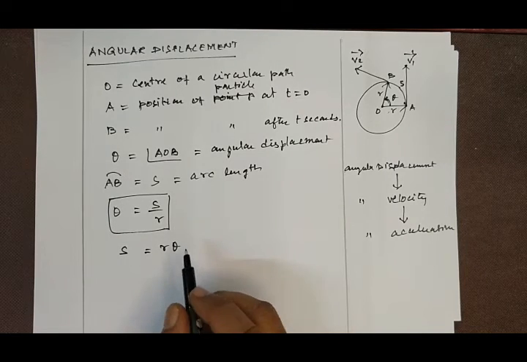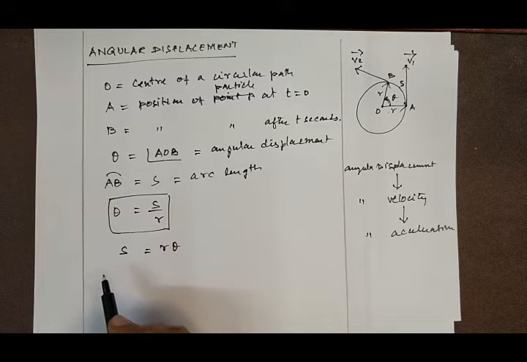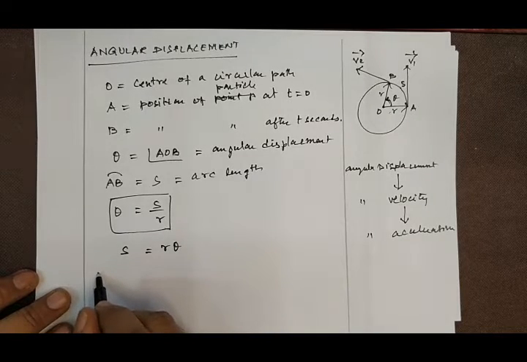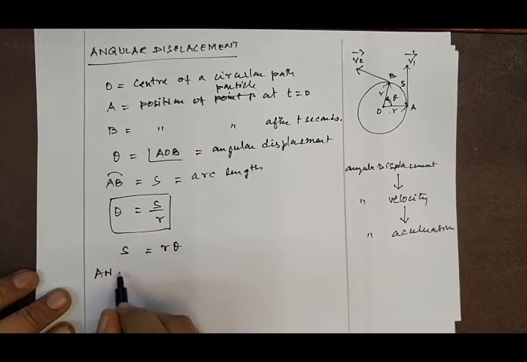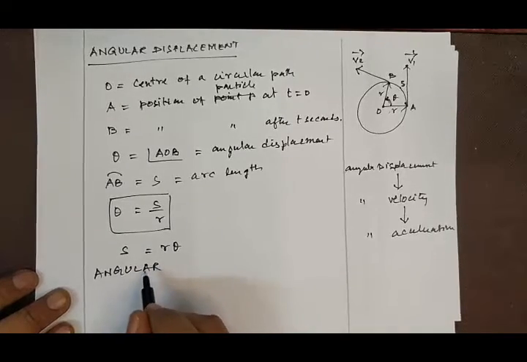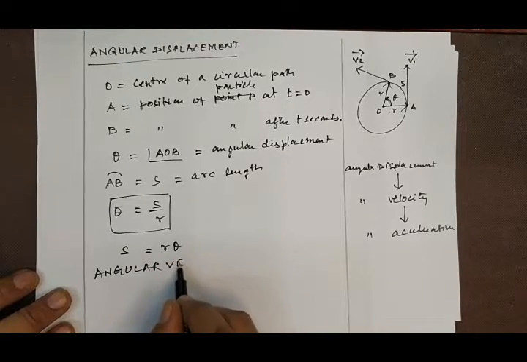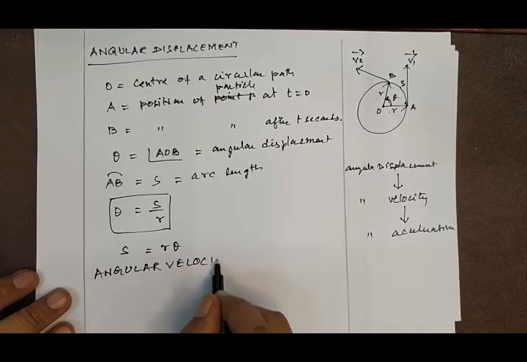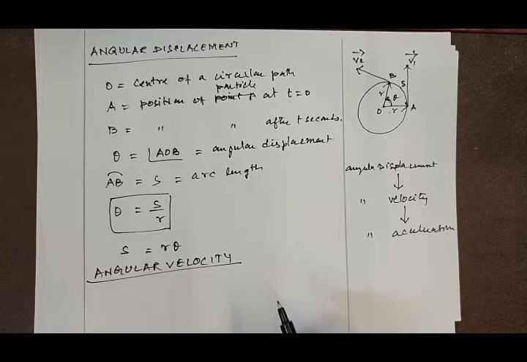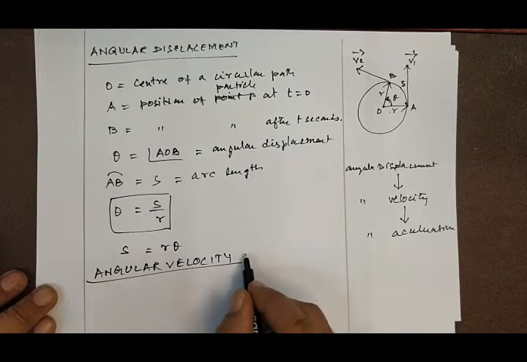Next. Now let us consider angular velocity. This angular velocity can be represented as a vector omega.